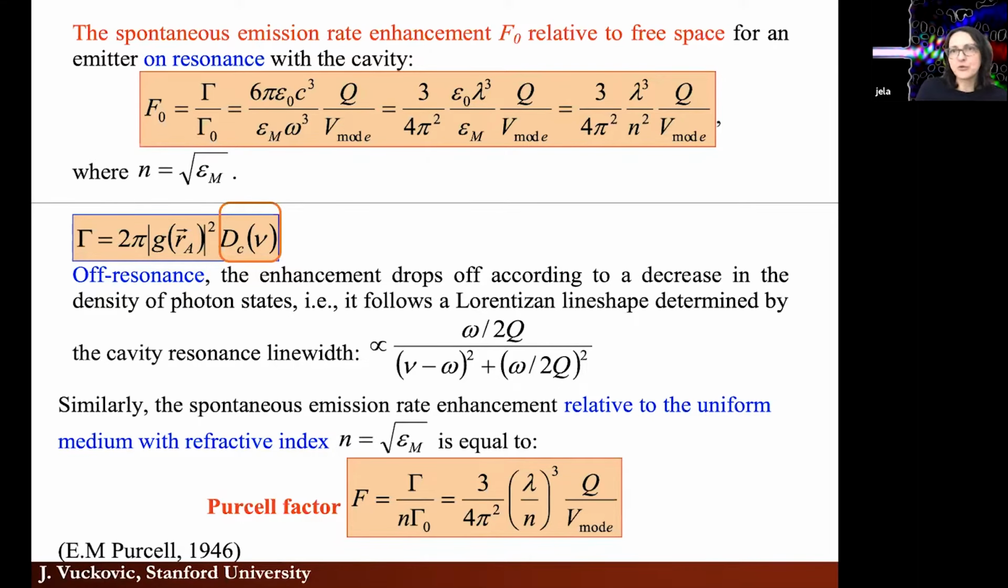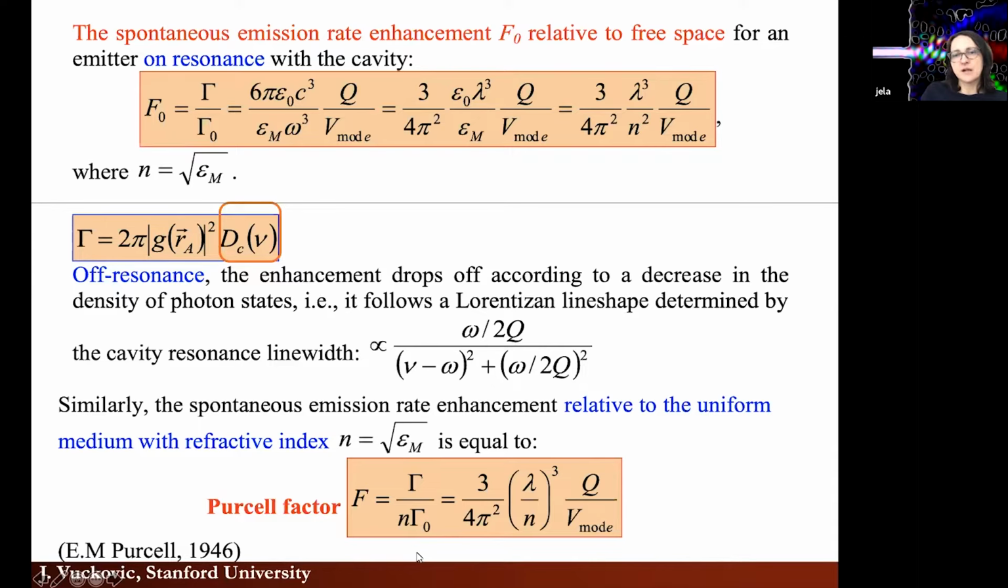For some emitters the natural environment is vacuum, but for some of them it's not, which is why we divide this expression by one more n, or normalize: divide gamma by n gamma naught, which is the spontaneous emission rate in a material with refractive index n. And that gives you this expression here, which is something that you may have seen already.